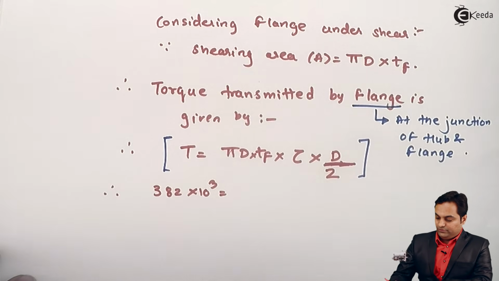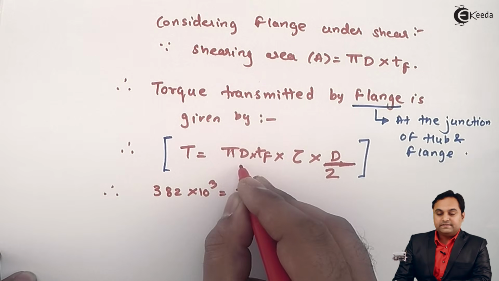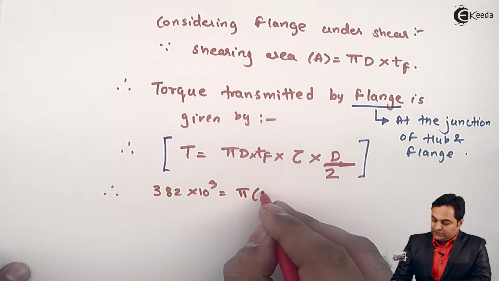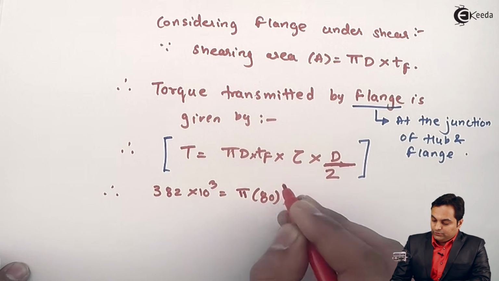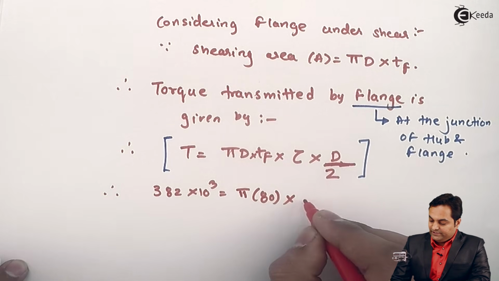Now I am putting the values. Here I have pi, this capital D was 80, into thickness of flange, that was 20.